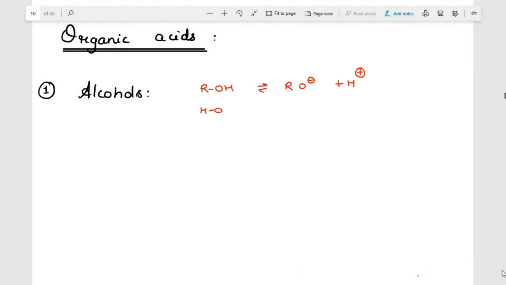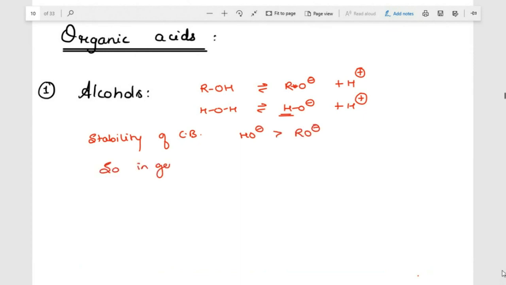If I compare them with water, I think all of you can understand that this H has no inductive effect, it is the reference. R is a plus I effect. So if I talk about stability of the conjugate base, then HO minus will be more stable than RO minus.